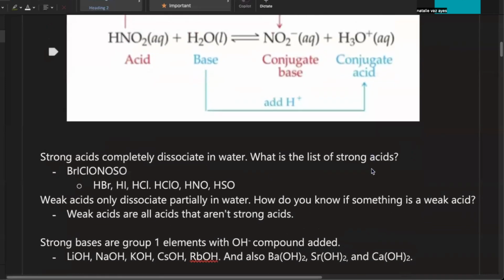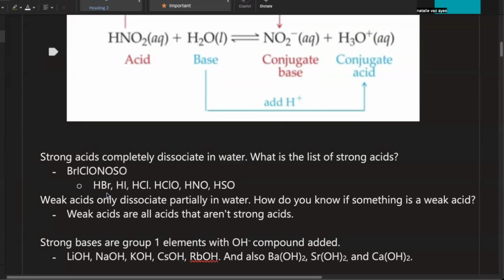Next thing is, how do we tell in this sort of equation which one is the acid and which one is the base? So you have to really memorize strong acids. A lot of the time we use this acronym, BrICl-NOSO, or this mnemonic. So strong acids completely dissociate in water.